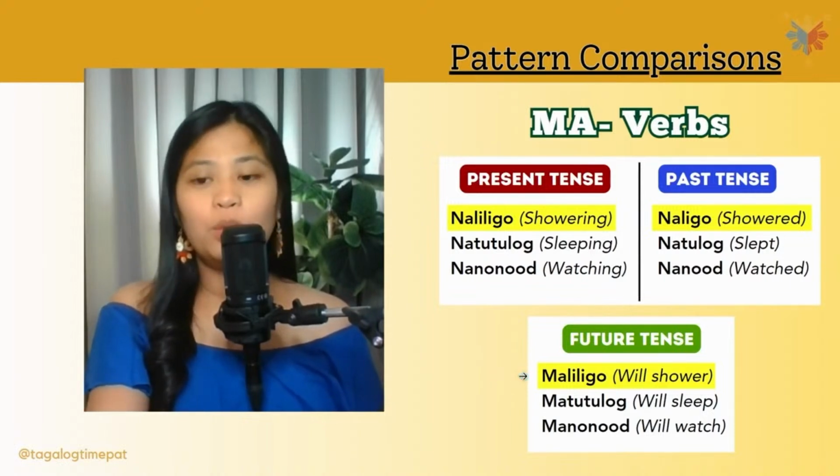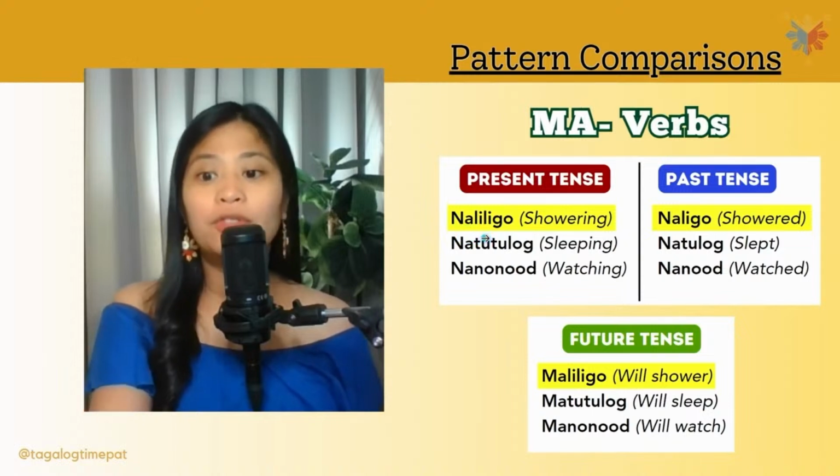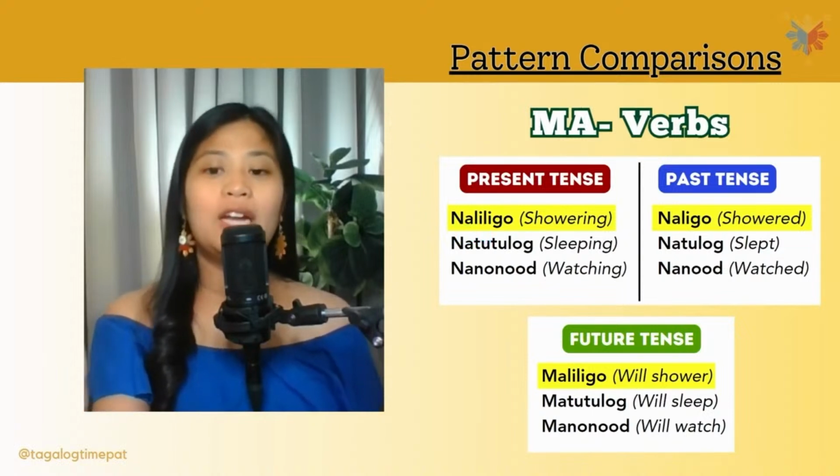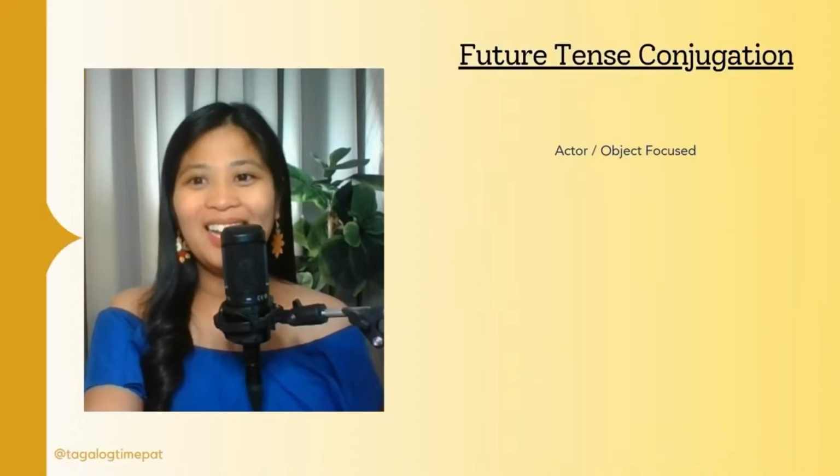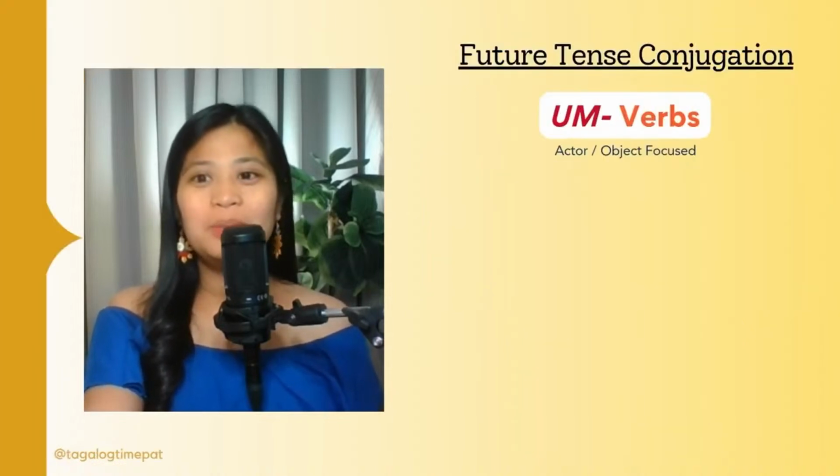Maliligo ako, I will take a shower. Again, for ma verbs, it's a very similar pattern for present and future tense conjugation. The only difference is that first letter, but they both have that repeated first syllable. So again, try to listen carefully or rely on the context clues so that you can figure out what they're talking about.